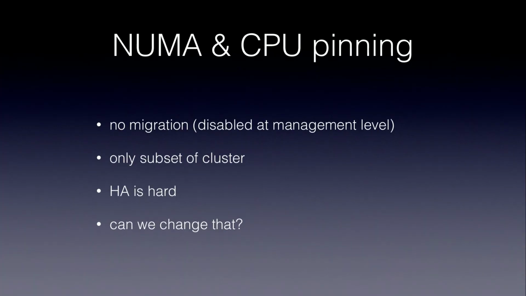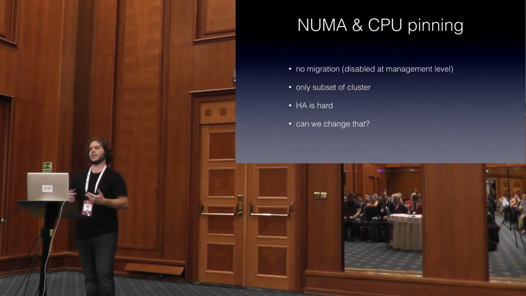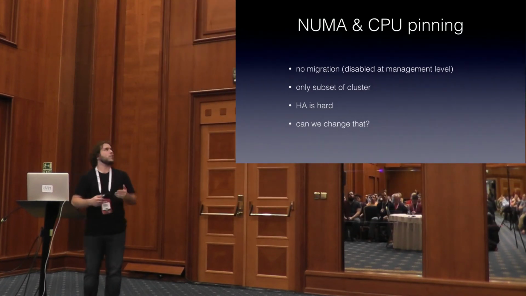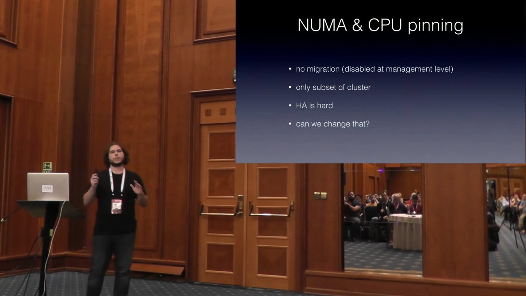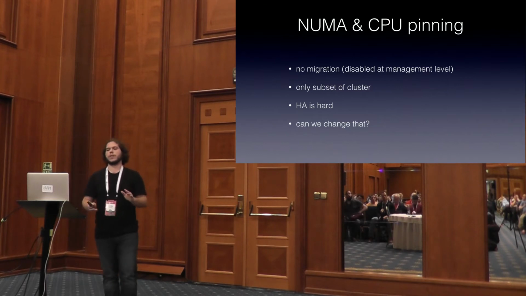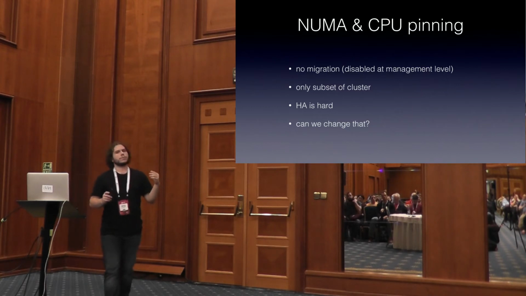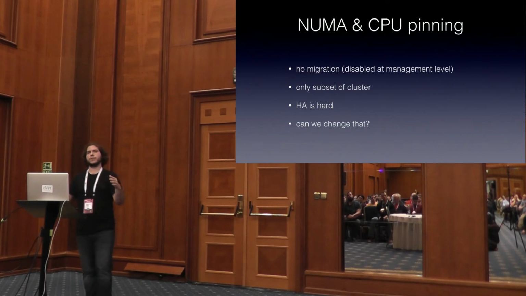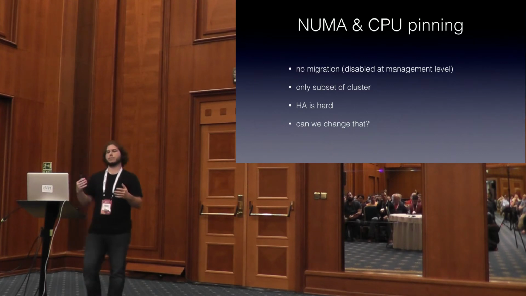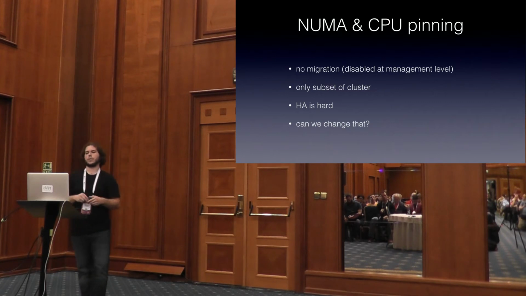Additionally, some management-level constraints arise from pinning. Migration is disabled at the management level. You're also reducing the number of hosts that you can run on by some kind of pinning, and in that case, you're hitting an issue with high availability.